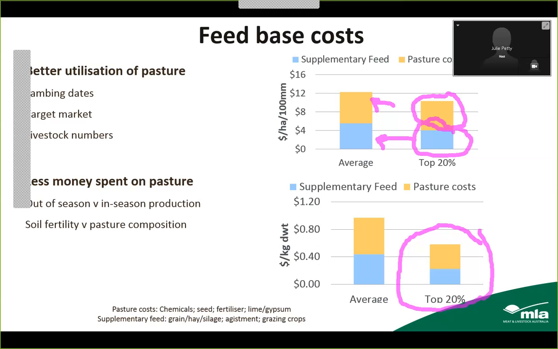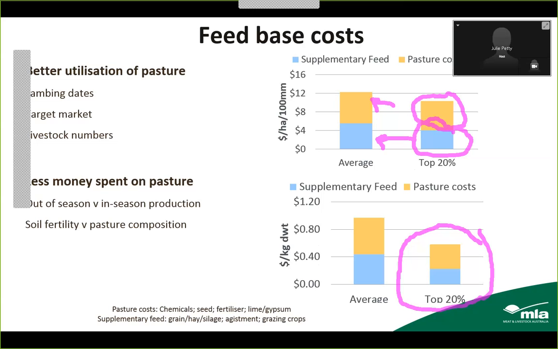So we've talked about how you get better utilisation of pasture, and that's really getting your lambing, kidding, and calving dates right. Talking about make sure your time of turn-off occurs before feed quality declines. There's no point, it's generally high cost to carry over and try and put weight onto animals where there's no feed quality that allows that weight.